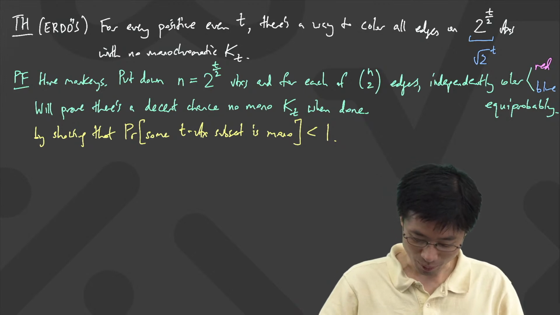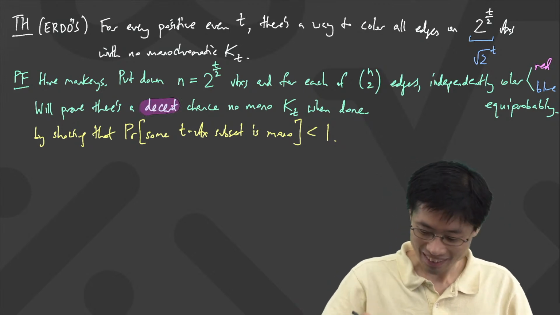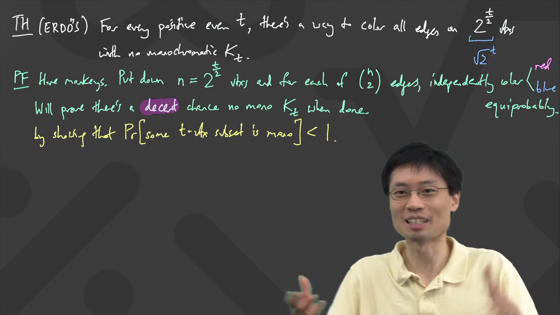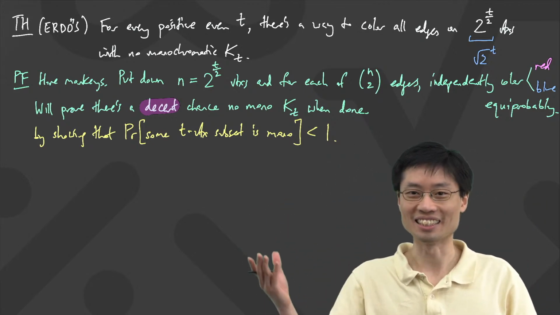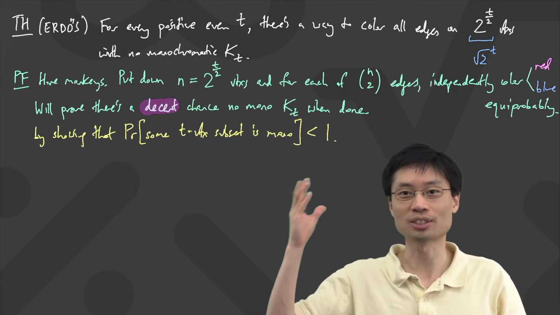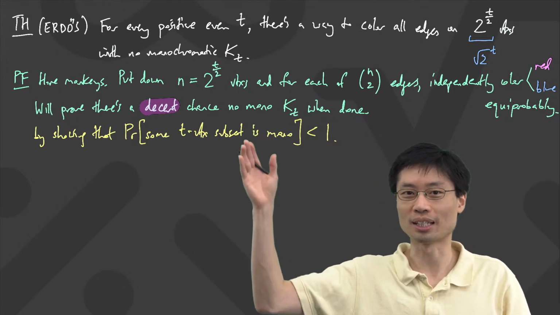I should probably have been careful about this word decent. Here with this decent, I'm actually just showing that it's a non-zero chance. There's some possibility that the monkeys succeed. Maybe that's what you should guess, because if you just hired monkeys, what's the chance they'll succeed? I just want to show there's some hope in the world that they succeed.